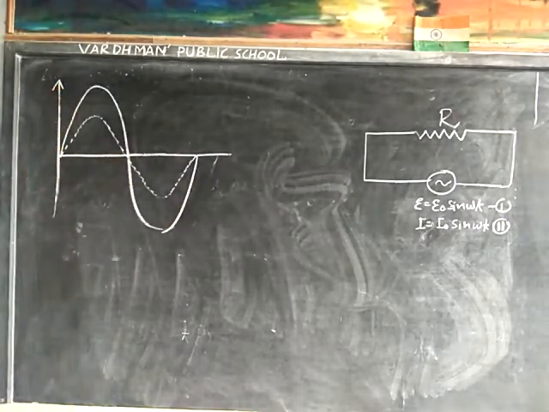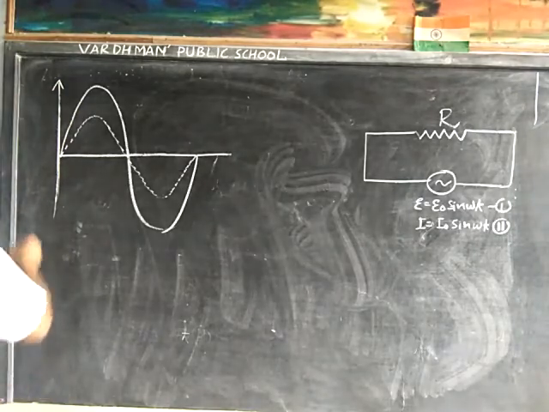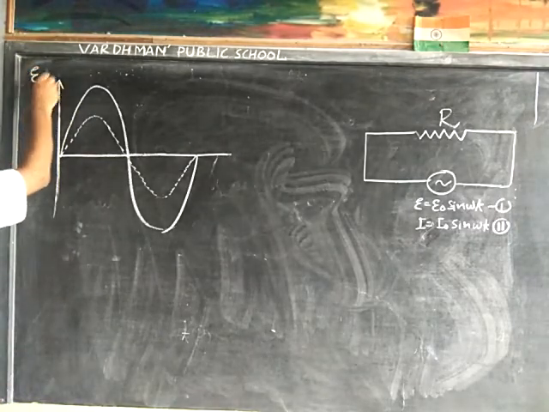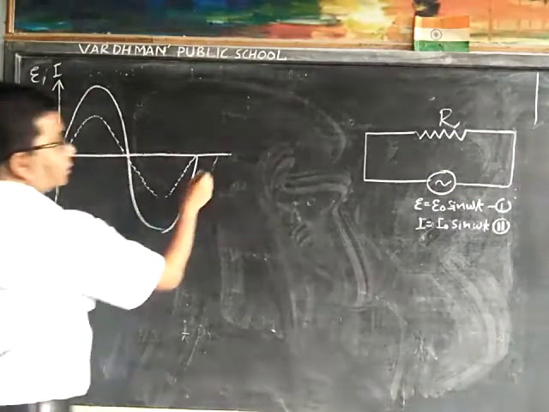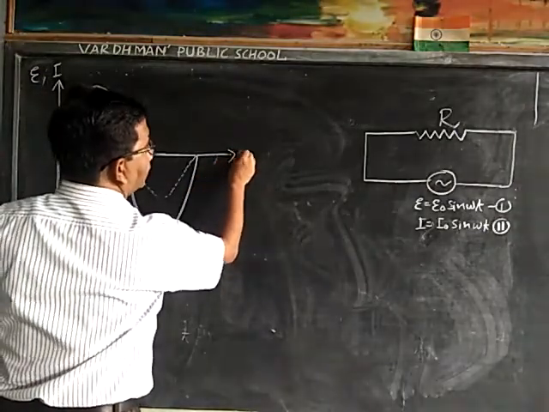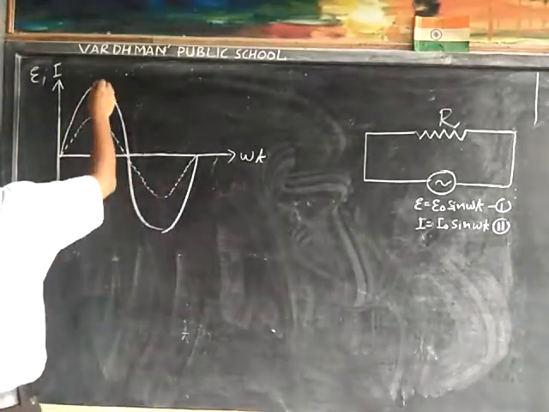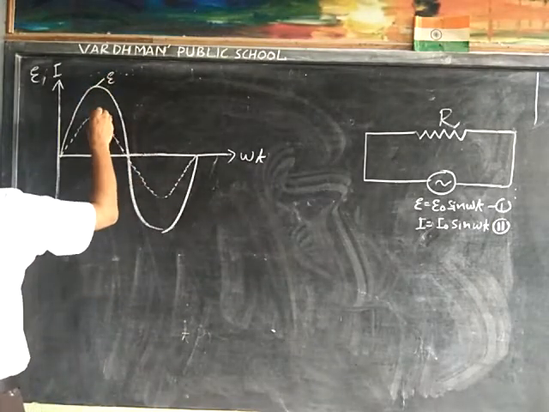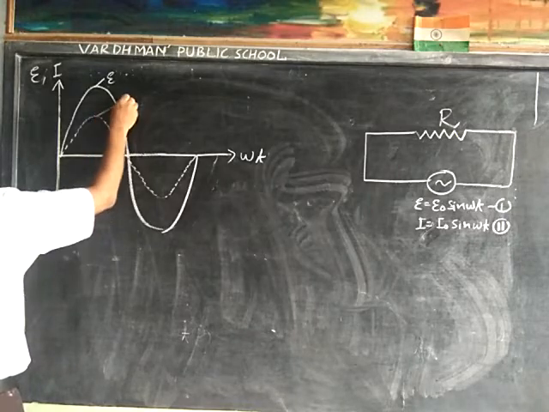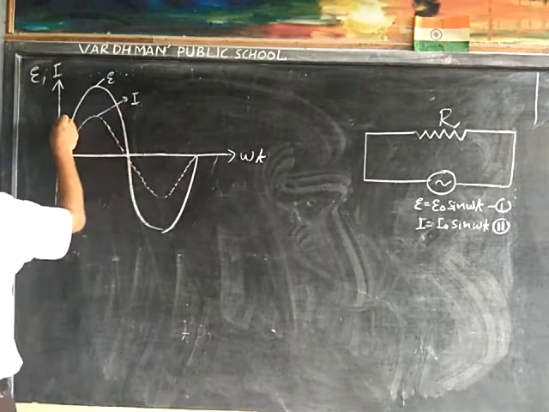Now this is E, this is I, this is omega t, and this represents E and this represents I.